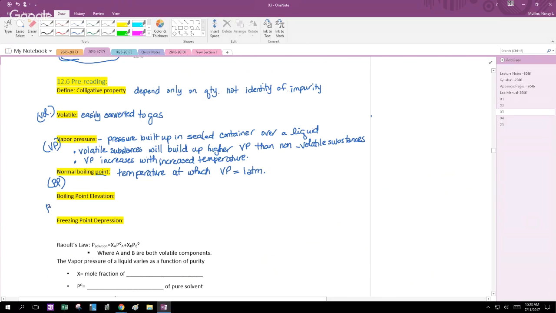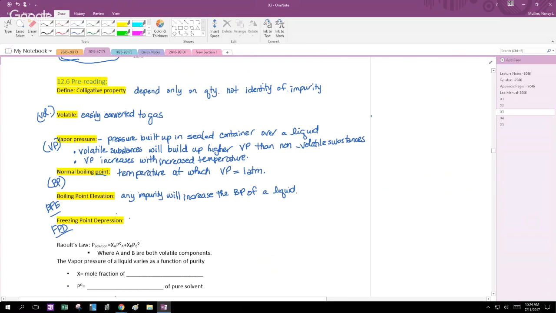Boiling point elevation and freezing point depression are colligative properties. Boiling point elevation says that any impurity will increase the boiling point of a liquid or of a substance.